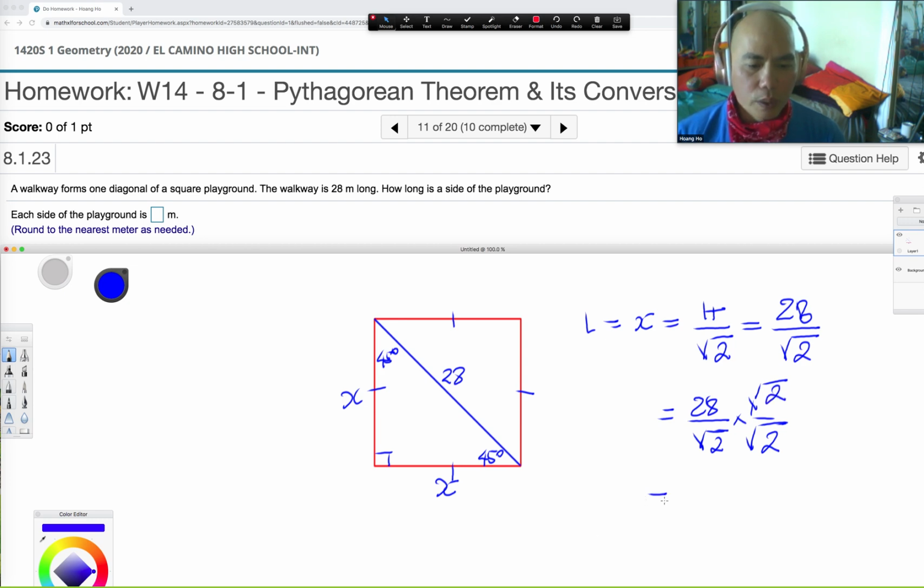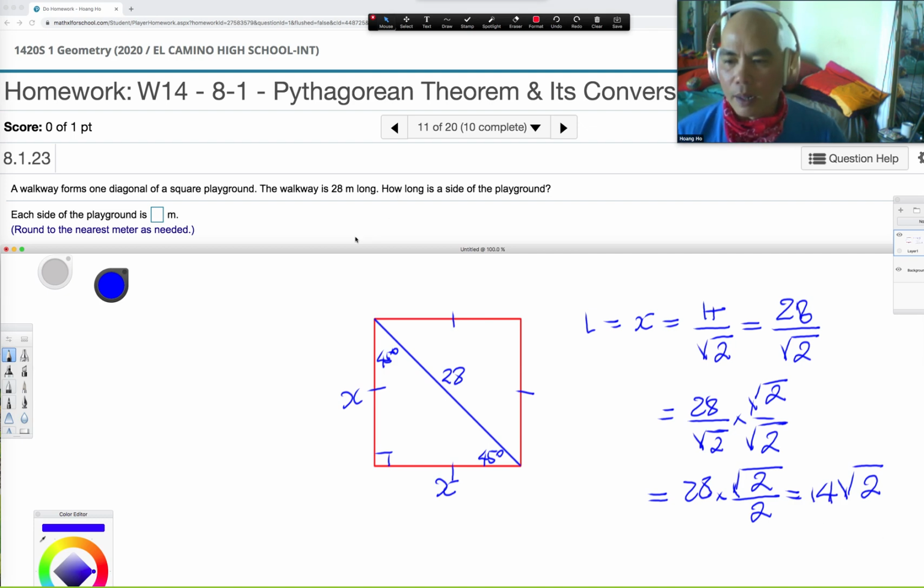So you take 28, you multiply with square root of 2, and you divide by 2. So you come out at 14 square root of 2. If they want the exact answer, this is what you answer, 14 square root of 2.